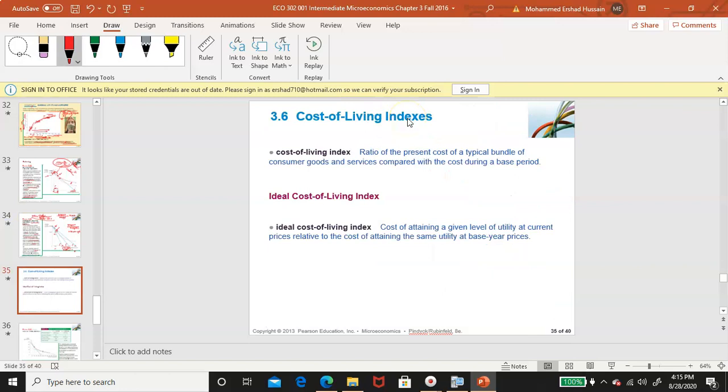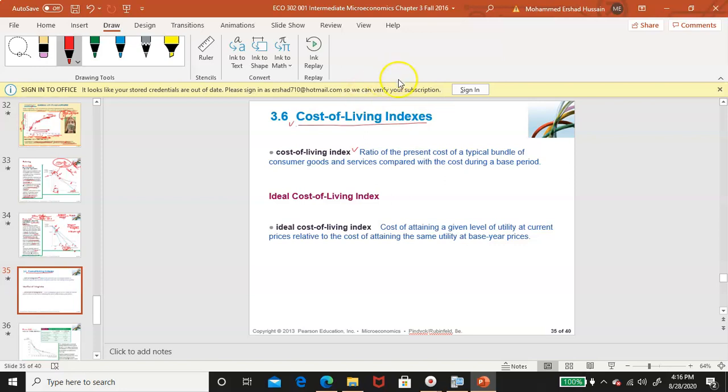Now let us take a look at the cost of living index. We use this to measure change in prices in reference to a base year price level, and we will use it to measure inflation. The cost of living index is the ratio of the present cost of a typical bundle of consumer goods and services compared to the cost during the base period.